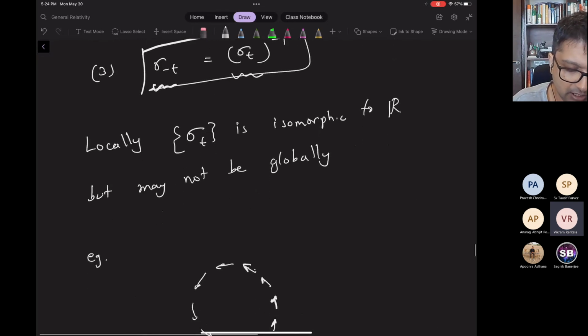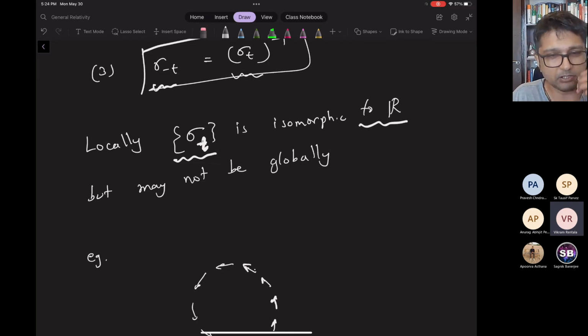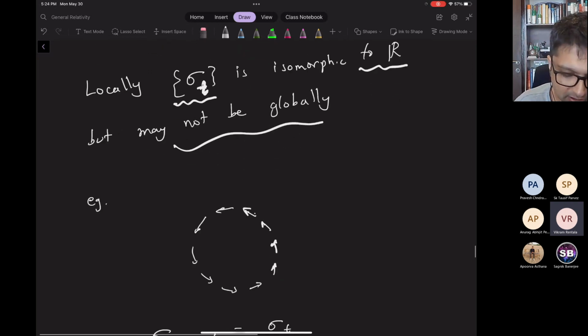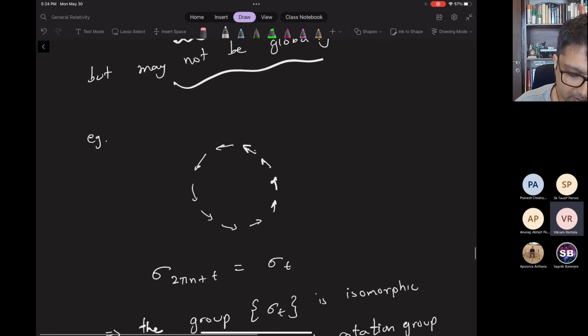Locally, the elements of this group are isomorphic to real numbers, because they're specified by a continuous parameter t. But this may not be true globally. For example, in our previous example with the circular flow, we saw that transforming by sigma 2 pi n plus t is exactly the same as transforming by sigma t, because this is like an angle of rotation.